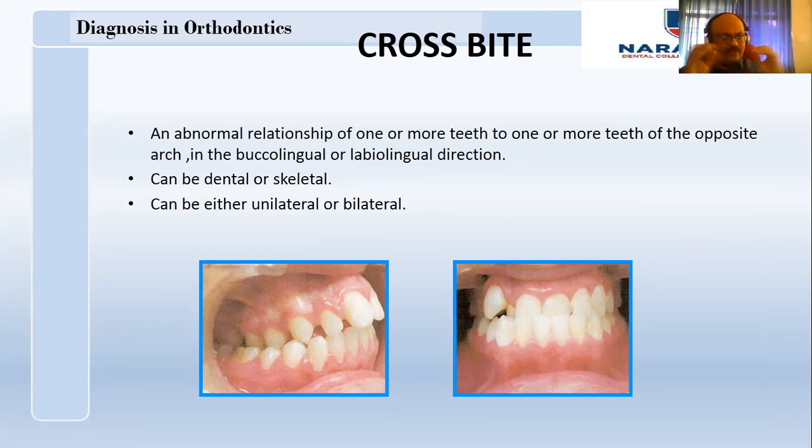So when writing a diagnosis, you start with the Angle's classification, followed by any known etiology identified during the diagnosis, and the type of skeletal base.